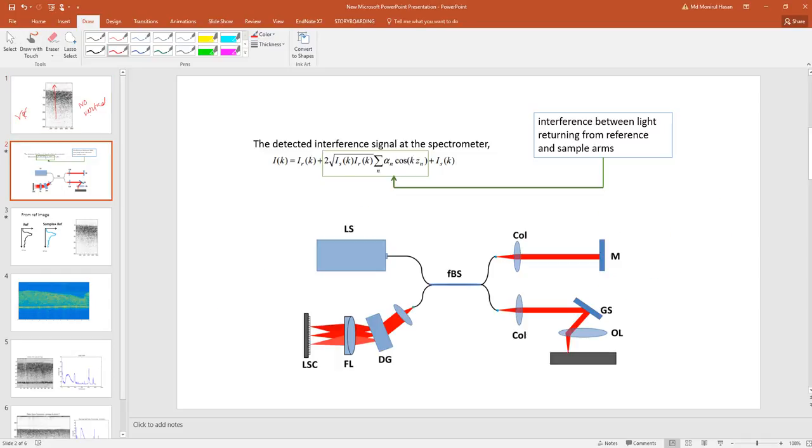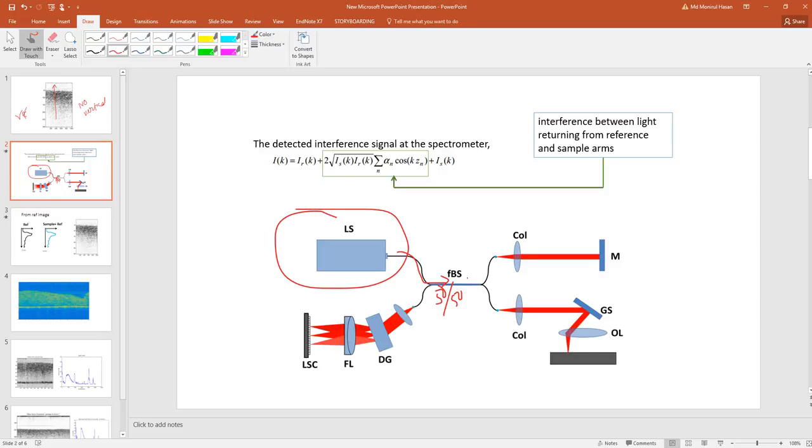So let's talk a little bit about how we detect in our optical coherence tomography setup. This is a spectral domain setup. This is the laser source, and we are sending light to this beam splitter. It can be 50-50 or other beam splitters. Let's say we are using a 50-50 beam splitter.